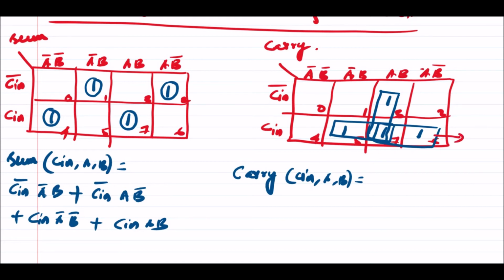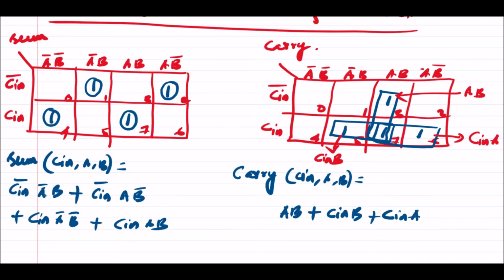This is my group 1 and the value of this group will be C in A. The value of this group will be AB and the value of this group will be C in B. So my carry result will be AB plus C in B plus C in A. So these are the Boolean equations in terms of the variables.